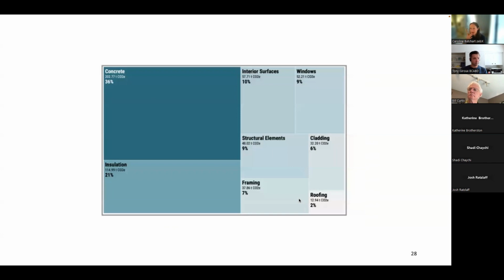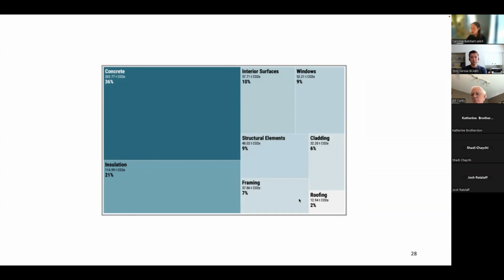One of the things that's appearing most consistently is the biggest contributor to the embodied carbon of a home is the concrete. And so we're talking about basement and foundations. The second biggest contributor is insulation. So there are two different kind of approaches to dealing with these.